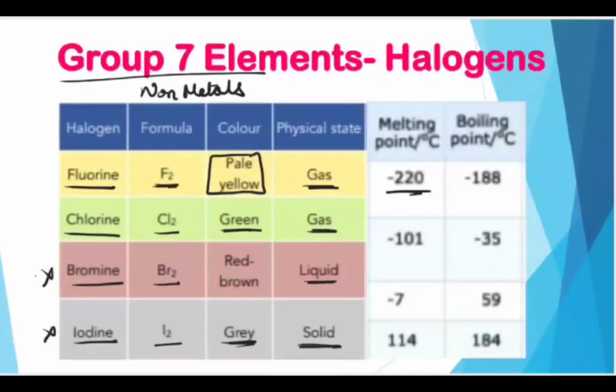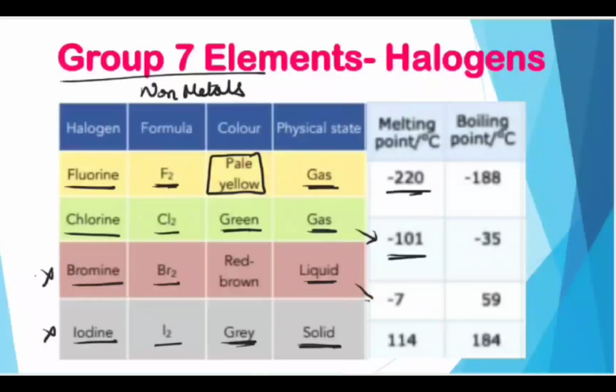Check this out, children. Fluorine melts at minus 220 degrees. That means the lower temperature makes them liquid already. The lower temperature of minus 101 makes chlorine a liquid.